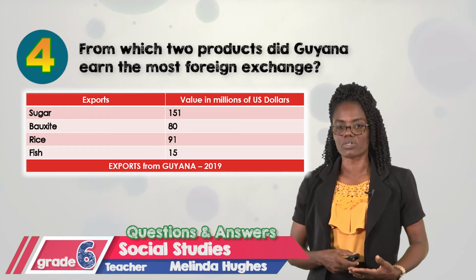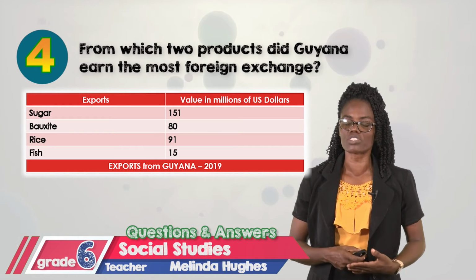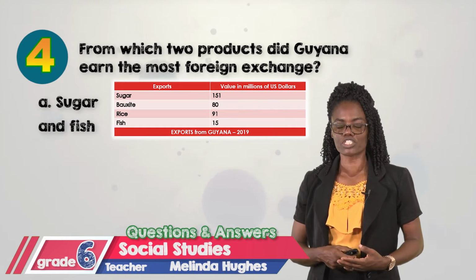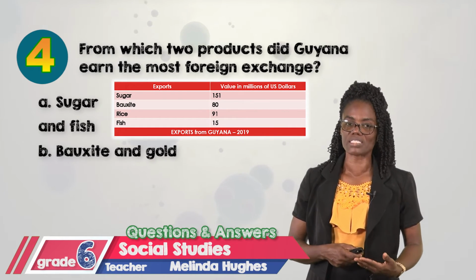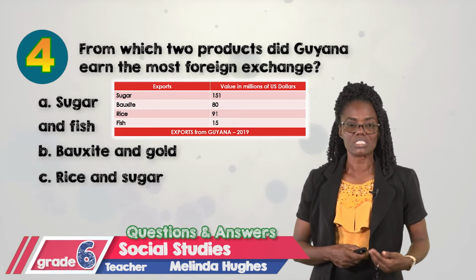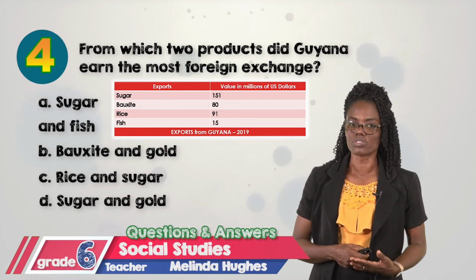From which two products did Guyana earn the most foreign exchange? A, sugar and fish, B, bauxite and gold, C, rice and sugar, D, sugar and gold.